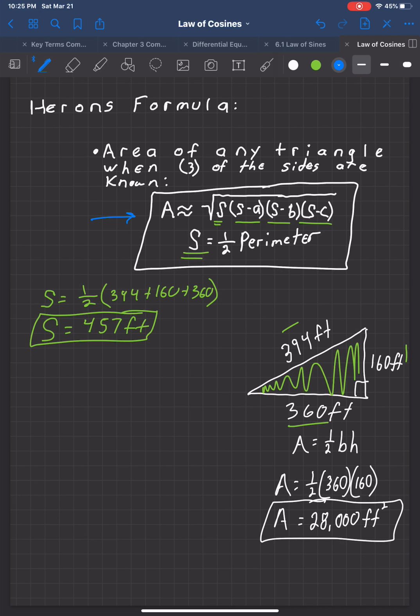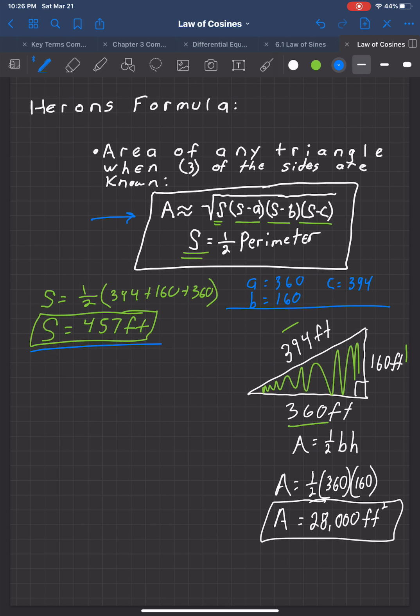So, ready? It does not matter what we call A or B or C. So we'll just say that A is 360, B is 160, and C is 394. All right, are you with me on what's about to happen? We have all the information to plug into Heron's formula.